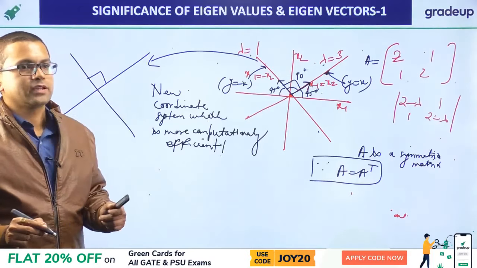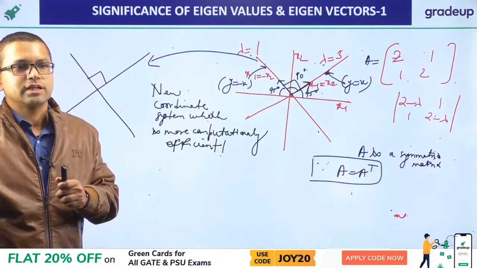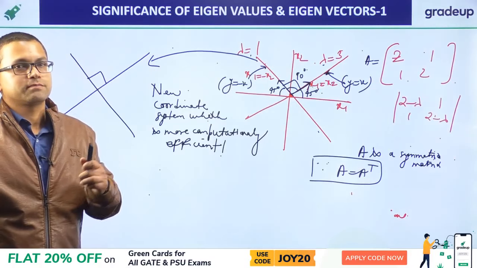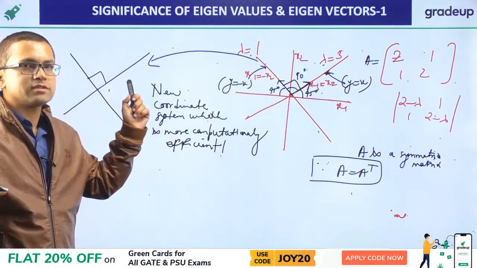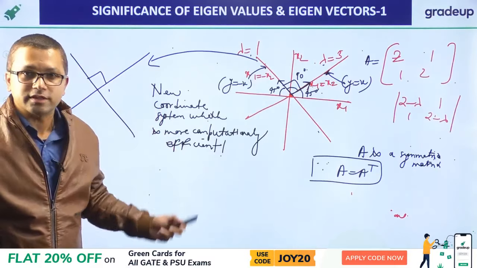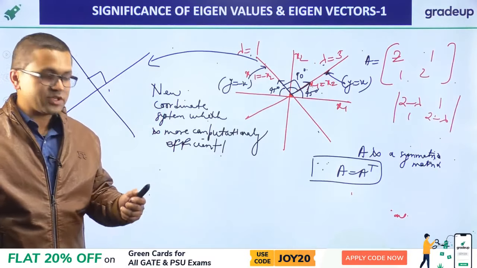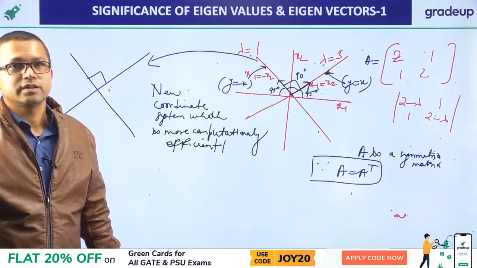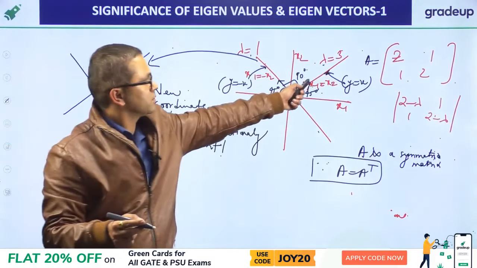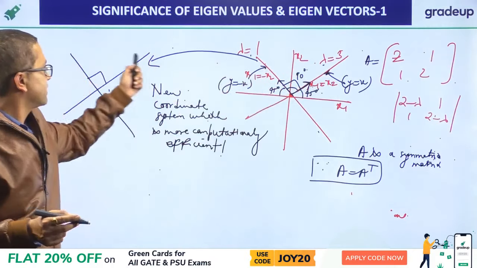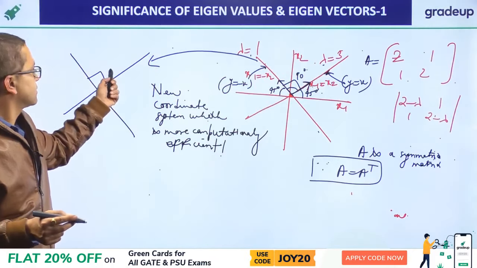That's why we are calculating eigenvectors and eigenvalues, so that we get new coordinate systems which are computationally more efficient. What it means is that if you calculate a linear transformation over here, it is going to be faster.